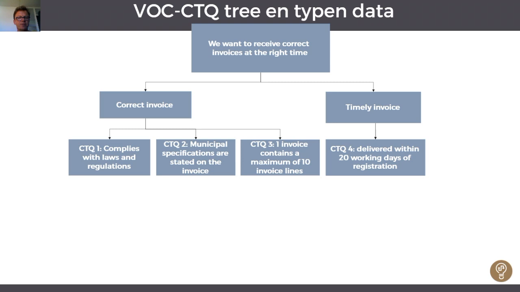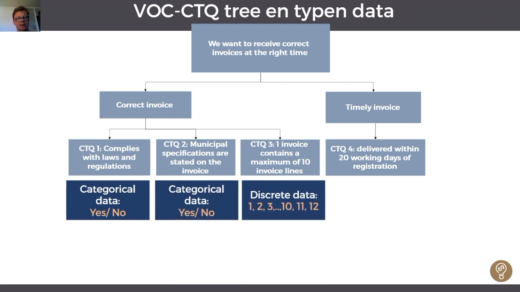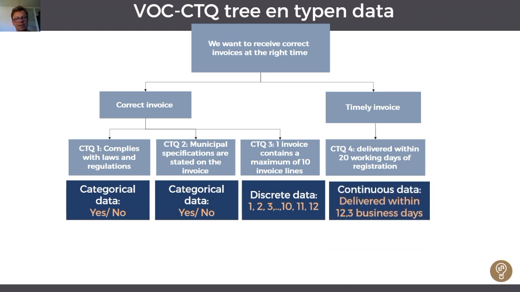Okay, so this is the voice of the customer critical quality tree, and the invoice must contain categorical data, counted data, and we should have continuous data in our dataset because we need to measure time. So we need to look at the datasets.